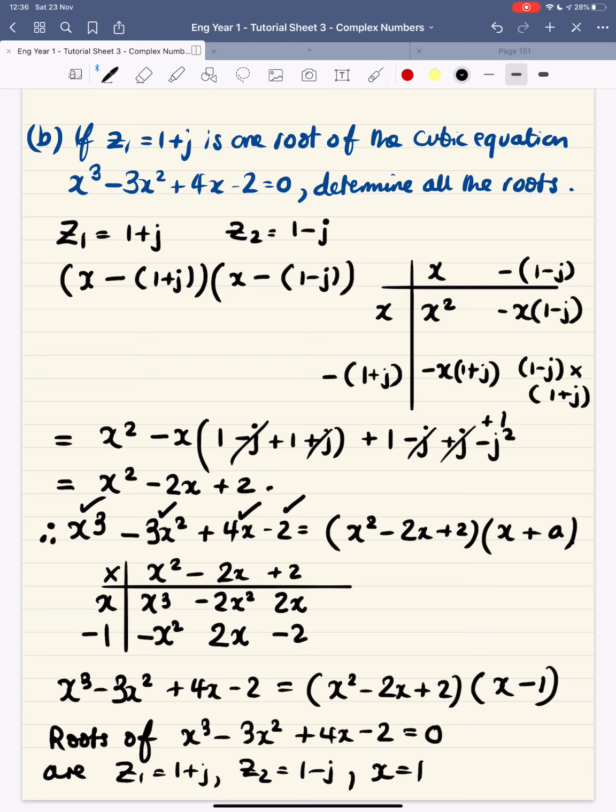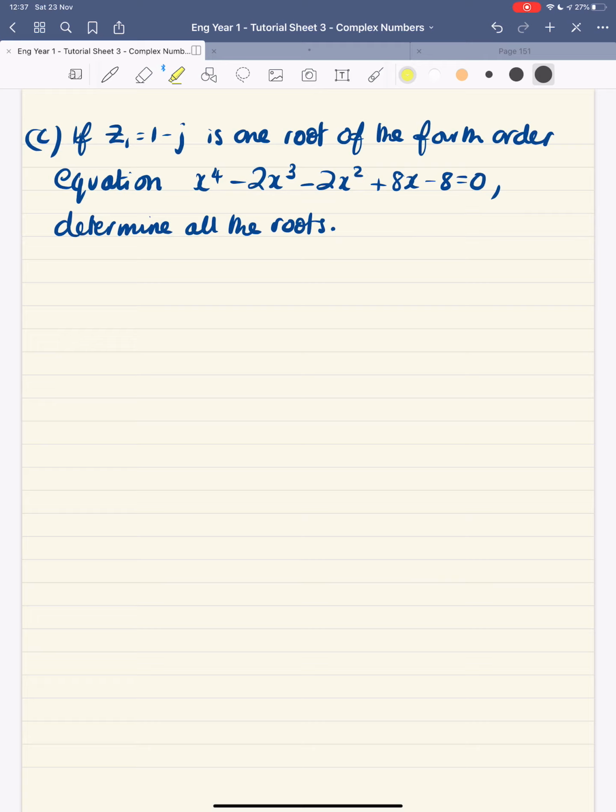Okay, I'm just thinking about the notation, but I'm quite happy with it as it is. Z's are usually reserved for complex numbers, but you could call this x1, x2 and x3, I don't mind.